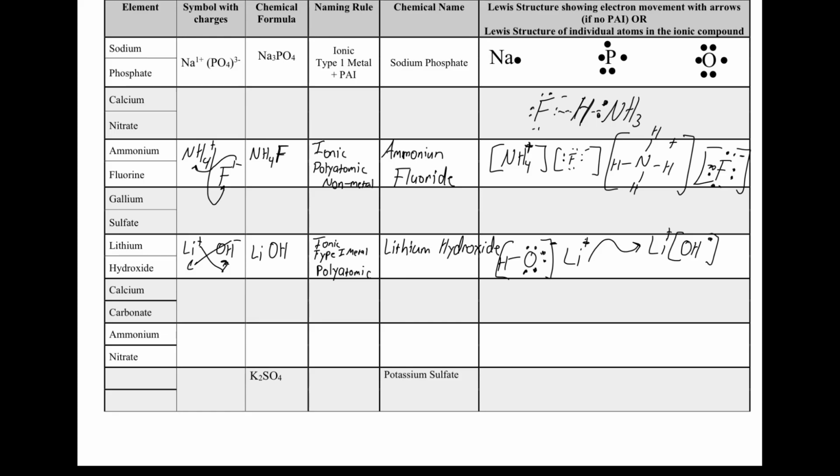Let's do one more, this little advanced one here, and it is ammonium nitrate. So I have NH4 with a positive charge, and then I have nitrate, which I think is NO3 minus.